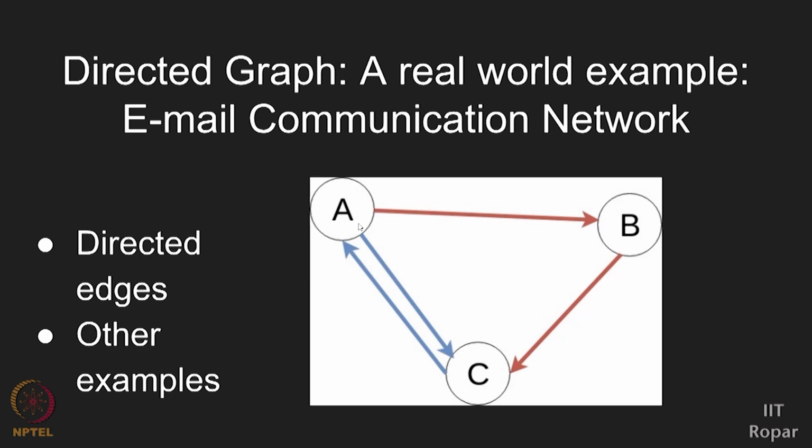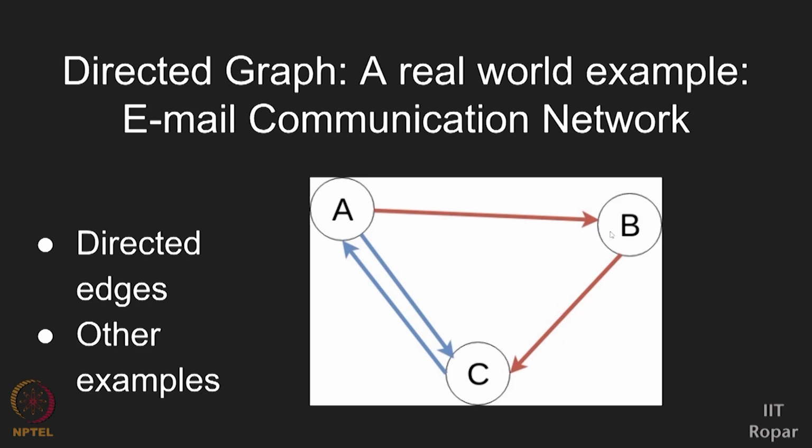There are three email IDs, A, B and C, and generally we keep them anonymized, which is why we take the toy example A, B and C. From A to B there is an edge, so person A has sent a mail to person B.